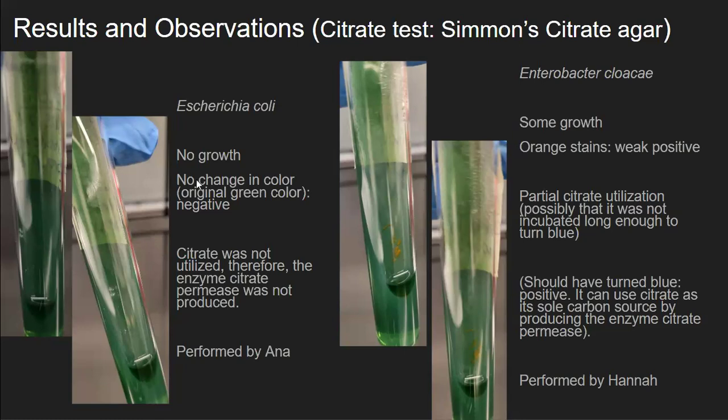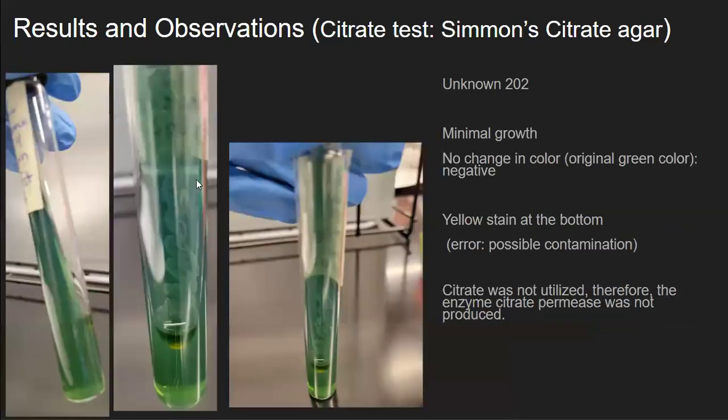It can actually use citrate as its sole carbon source by producing the enzyme citrate permease. For unknown 202, there was minimal growth but no change in color, retaining its original green color, indicating a negative result. There was also a yellow stain at the bottom, which might have been the result of possible contamination. Citrate was not utilized, therefore the enzyme citrate permease was not produced.